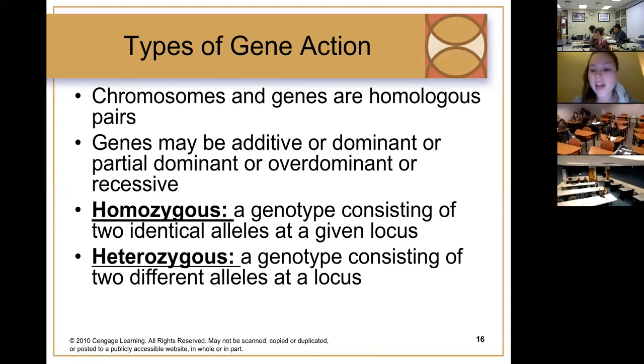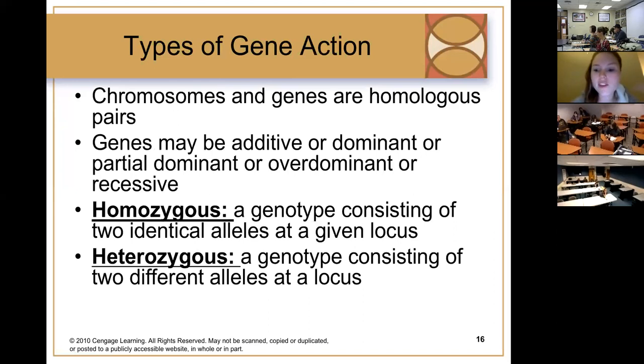So they could be additive. If you get both of those genes, you have an additive effect that's better than just two of the same, or one. Or they could be dominant. We'll talk about that a little bit more in an example. But for example, brown eye color is more dominant than blue eye color.